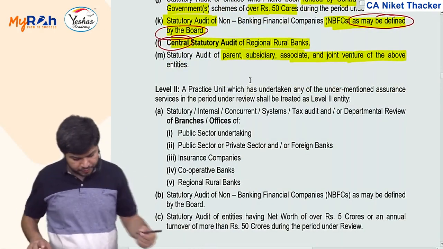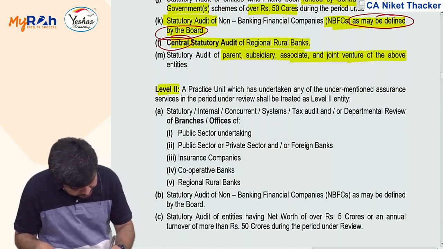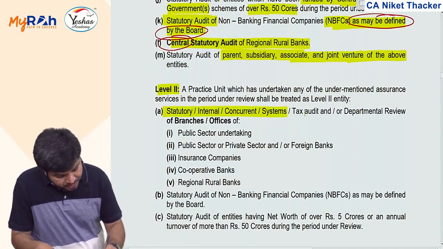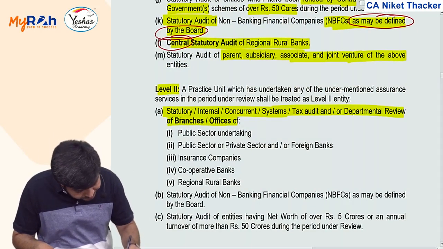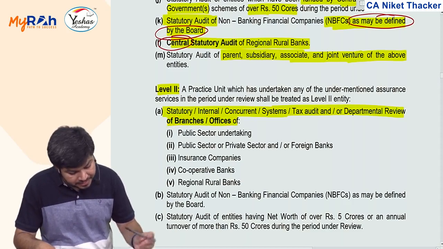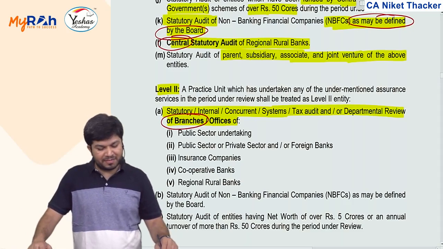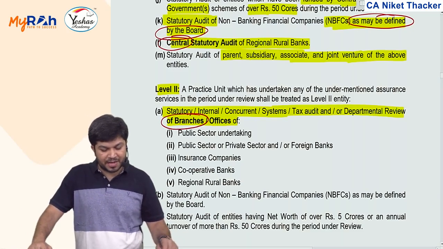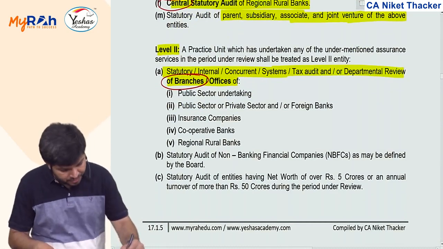Now level 2. Statutory, internal, concurrent, tax auditor of the branches or offices. तो ऊपर था central statutory auditor. Now branch auditor. Branch auditor of bank, insurance companies, cooperative bank, public sector undertaking, etc. Okay.